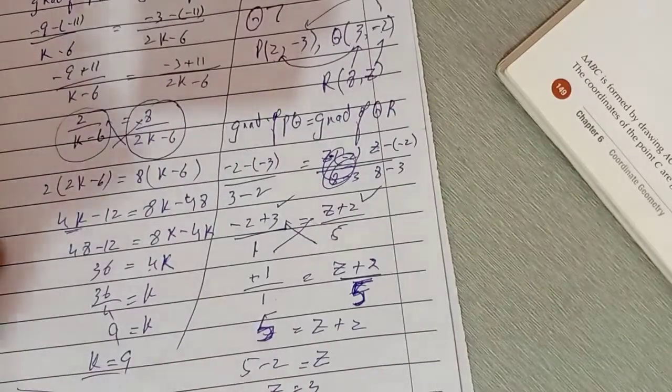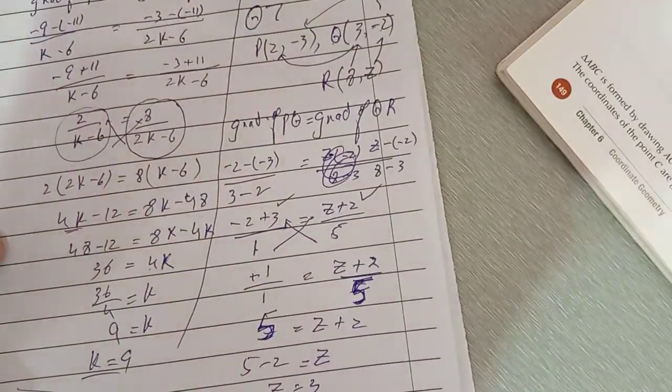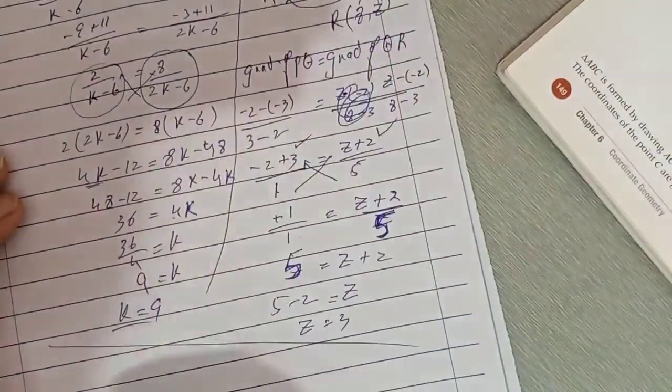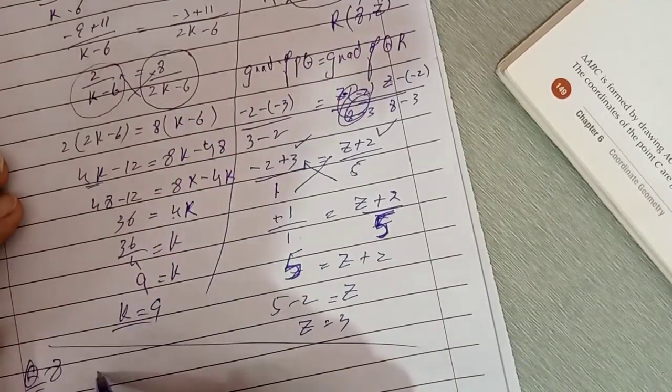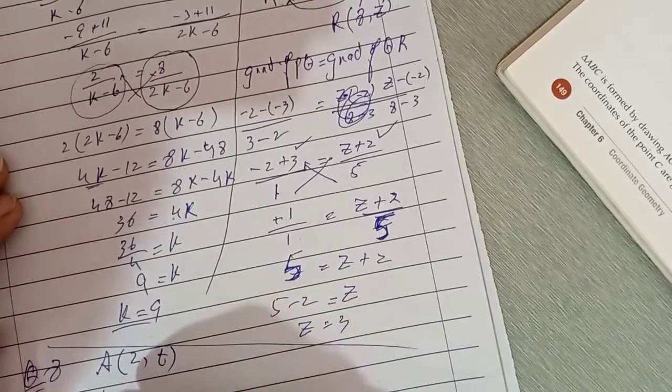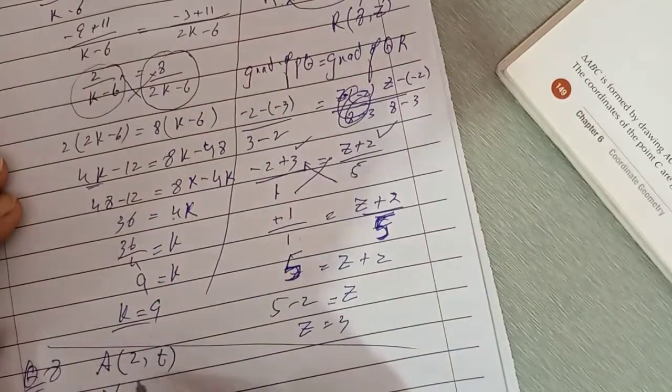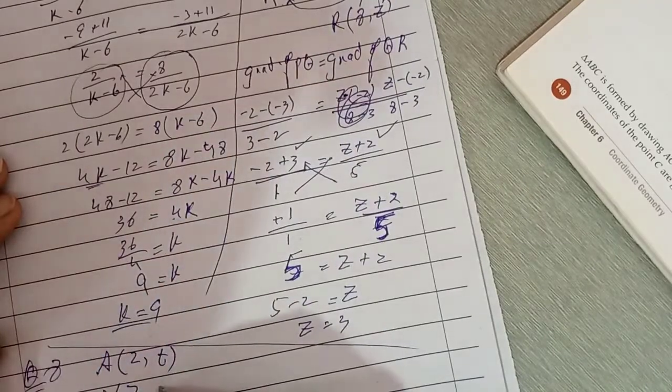Now I will do the next question, which is question number 8. It is said that there are 2 points. One is A, which has coordinates (2, t), and the other is B, which has coordinates (7, 2t square plus 7).